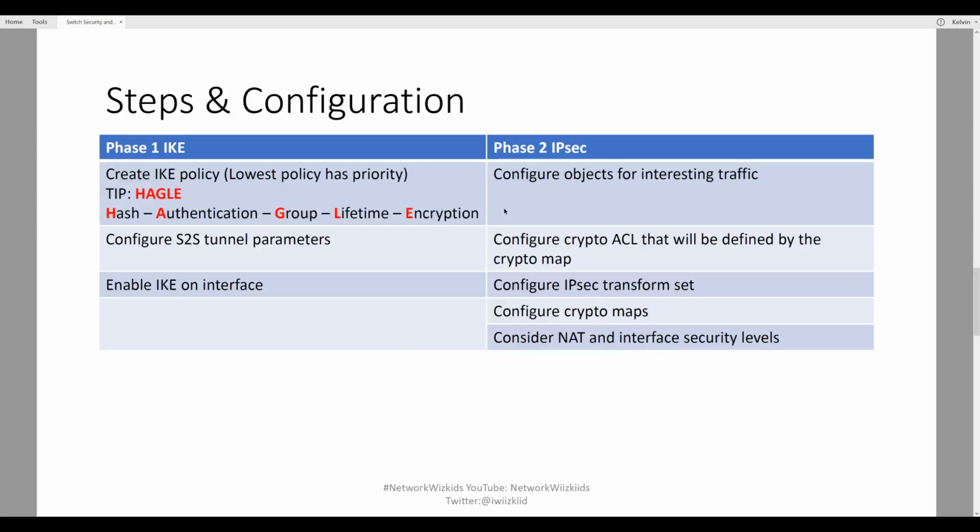Then we're going to configure the IPSec transform sets along with crypto maps, and we're going to need to consider NAT for our topology today, so that's going to be interesting. And interface security levels we don't really need to worry about, but sometimes you may need to if you've got same security levels on inside and outside interfaces.